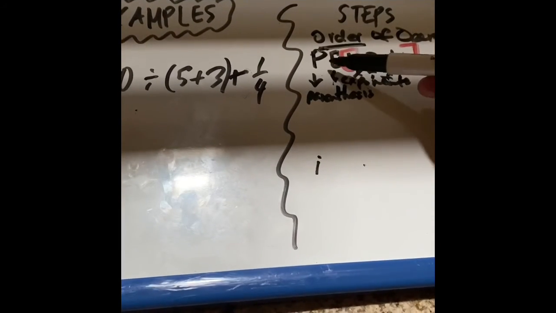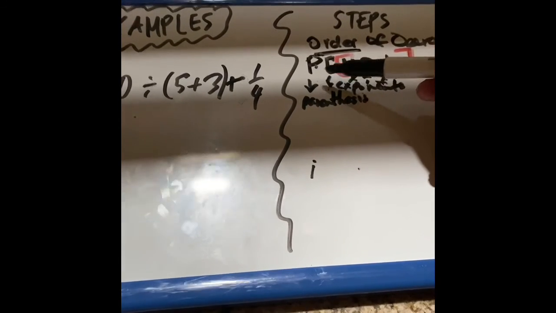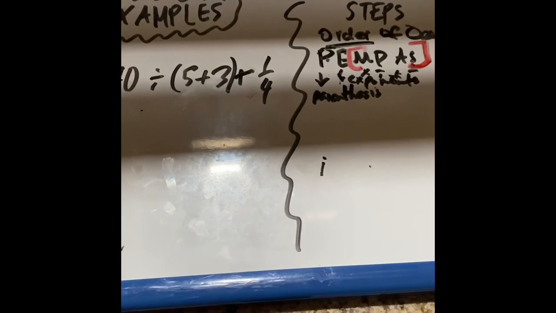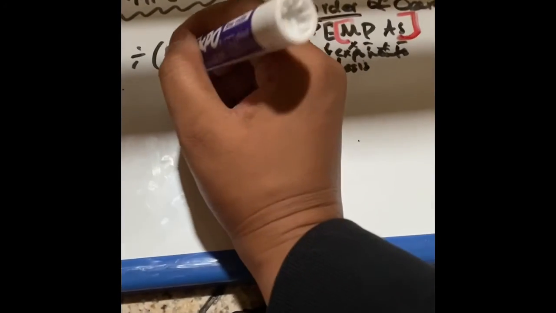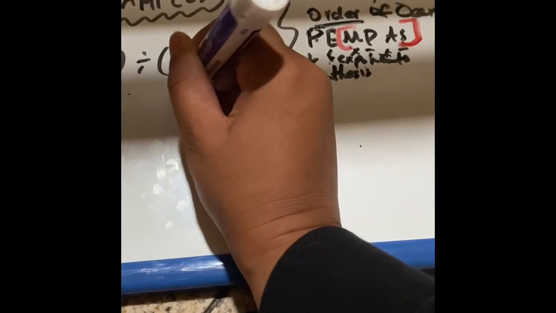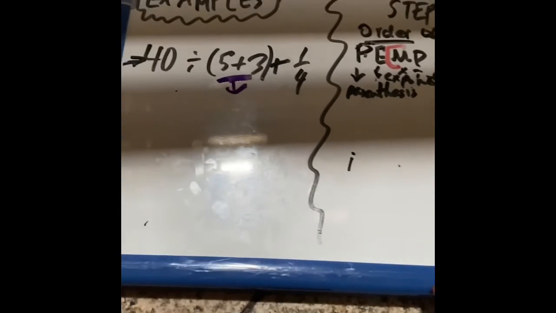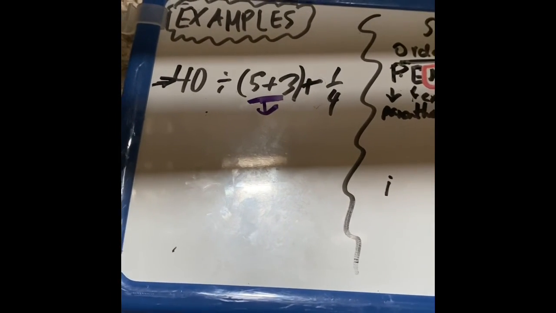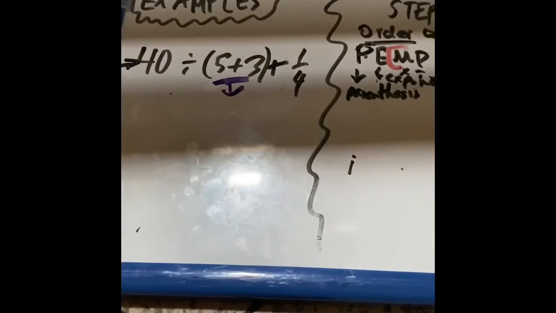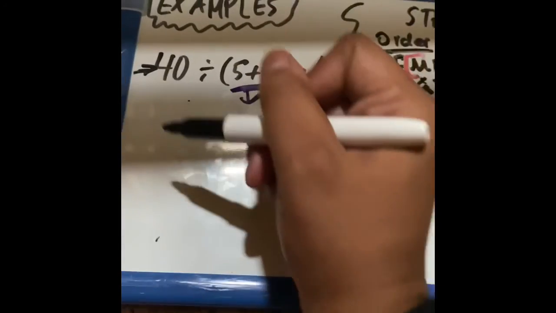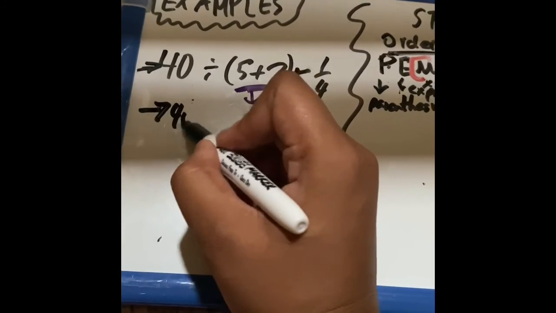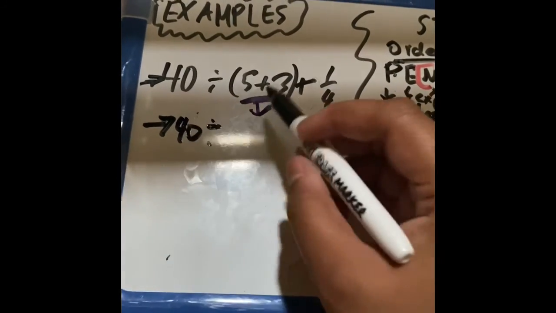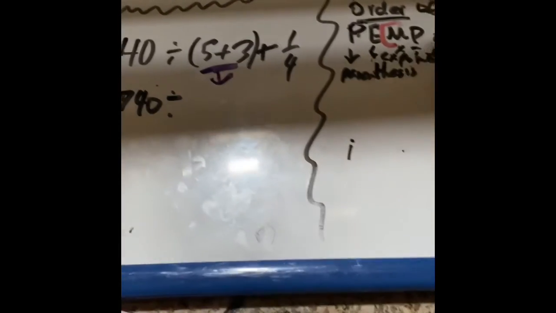Let's look at the first term here. Do we have any parentheses in this problem? If you said yes, you're absolutely correct. I'm going to underline this first term because I'm going to use that step to answer my problem, right? So I'm going to rewrite the problem, 40 divided by, now I'm going to do what's called regrouping, or comparing like terms.